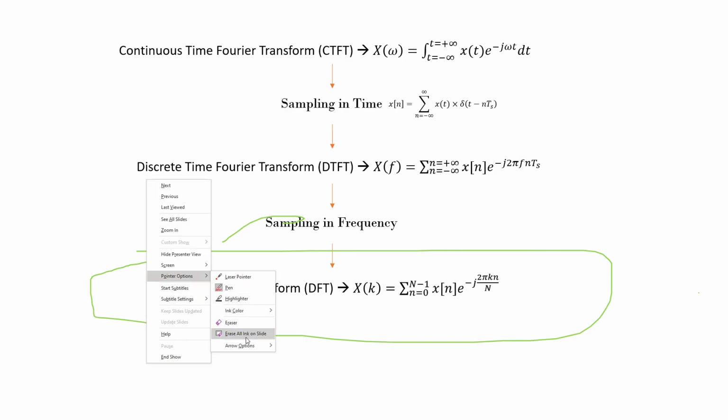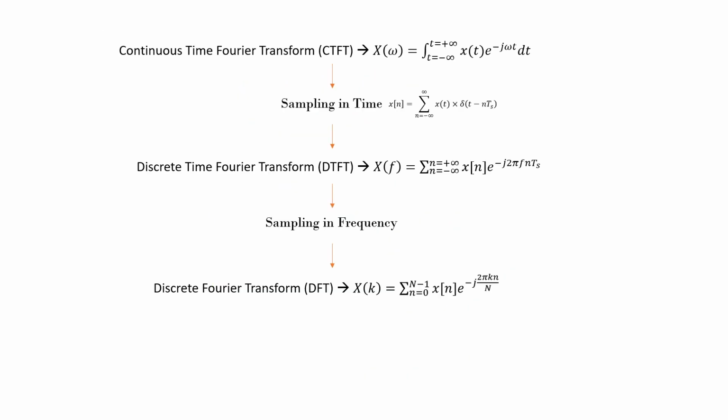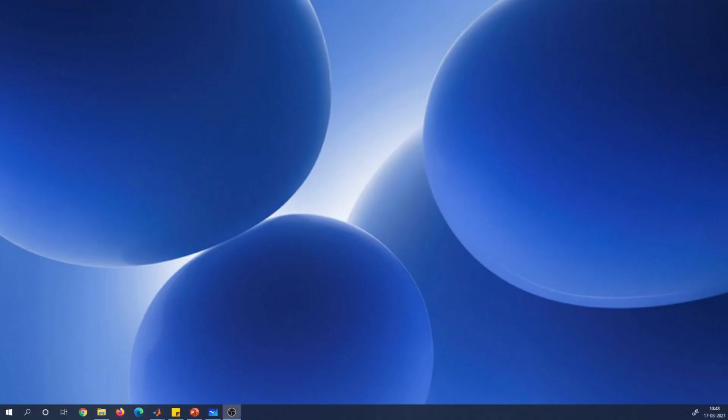Okay, so now let me use some pen and paper and explain some of the interesting derivations that we come across. Let me just open the whiteboard. It's a slightly long lecture, but I hope you don't mind, because it is something very interesting.